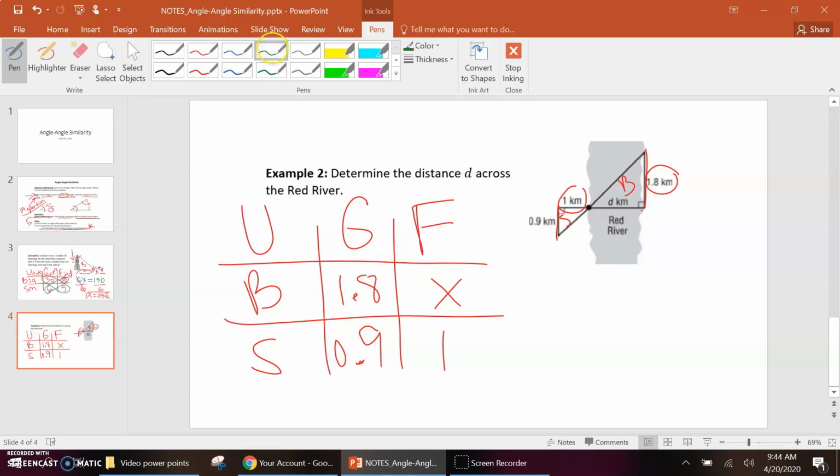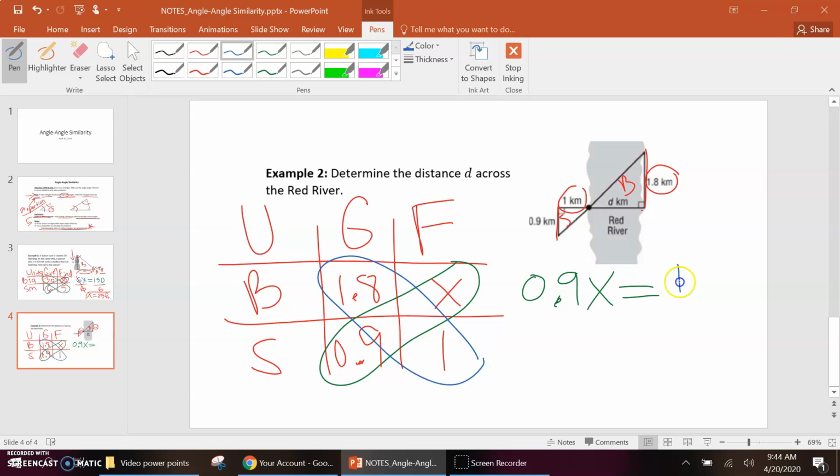So once again, find your variable, multiply that diagonal first. So 0.9 times x is 0.9x. And that diagonal has to equal the other diagonal. 1.8 times 1 is 1.8.